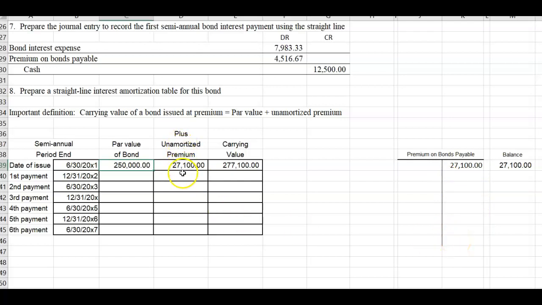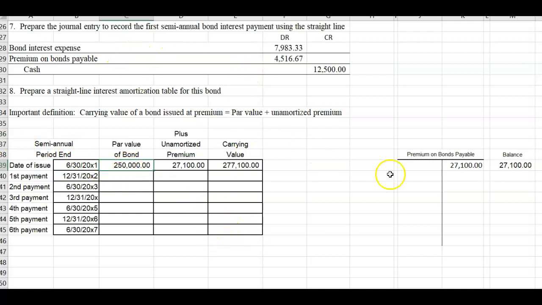So in our amortization schedule, we should have a smaller amount of unamortized premium until we get to zero after the final bond interest payment. And because the carrying value is par plus the unamortized premium, then the carrying value will get smaller and smaller until it reaches the $250,000 par value amount.